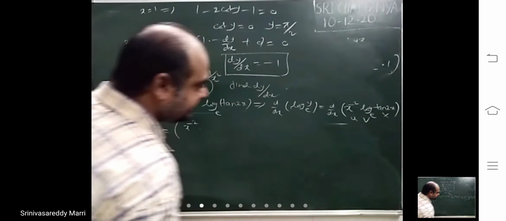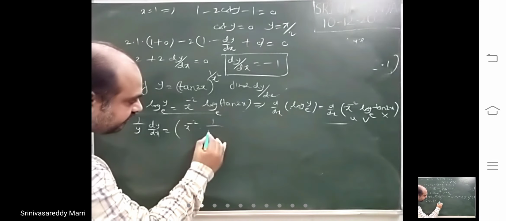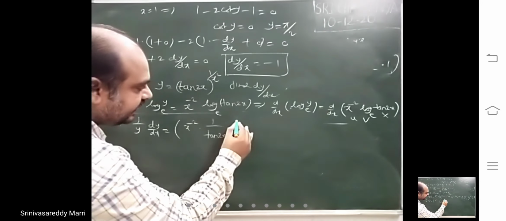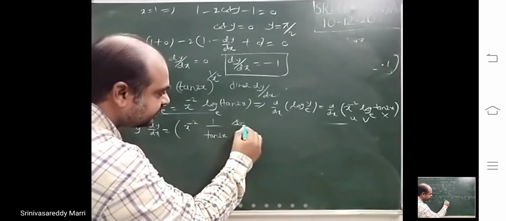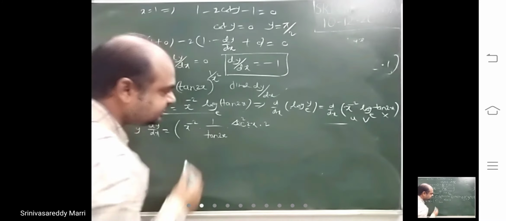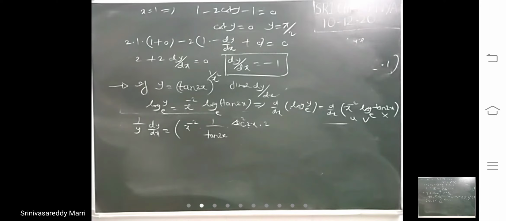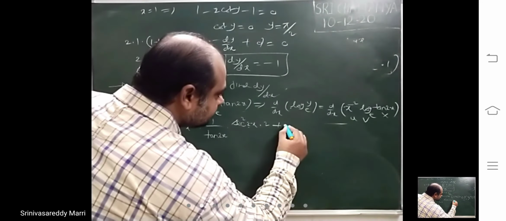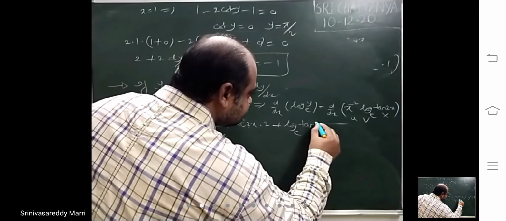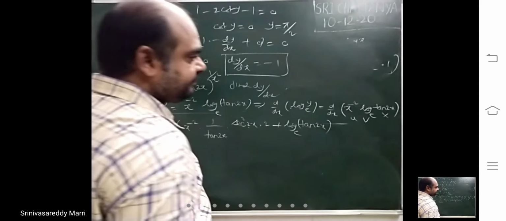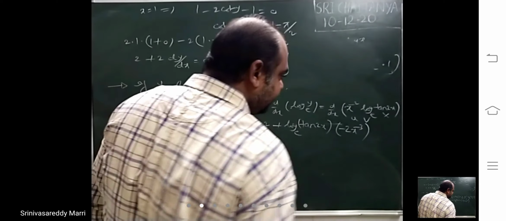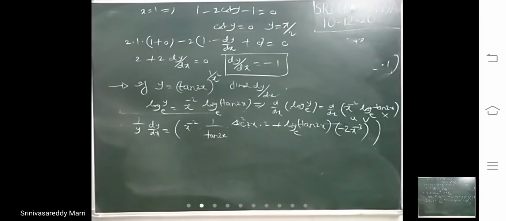Treat this as capital X. Log X is what? 1 by tan 2x into derivative of tan 2x, which is secant square 2x into derivative of 2x, which is 2, plus log tan 2x into derivative of x power minus 2, n into x power n minus 1. Minus 2 minus 1 is minus 3.